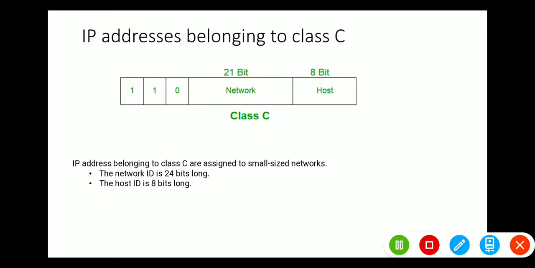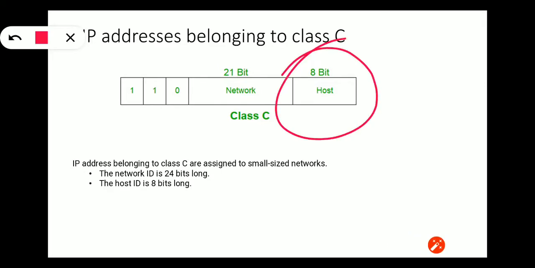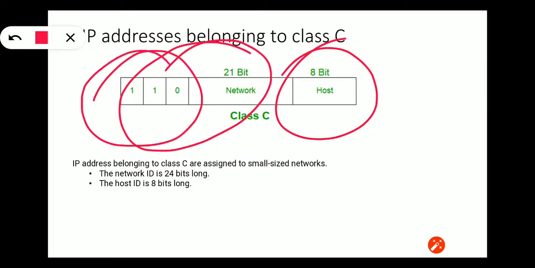In a similar way, in a class C IP address, you have 8 bits of host address and 24 bits of network address, and 3 bits are reserved for identifying class C as well. So whenever you have these 3 bits reserved, the remaining bits you can use for the network part.